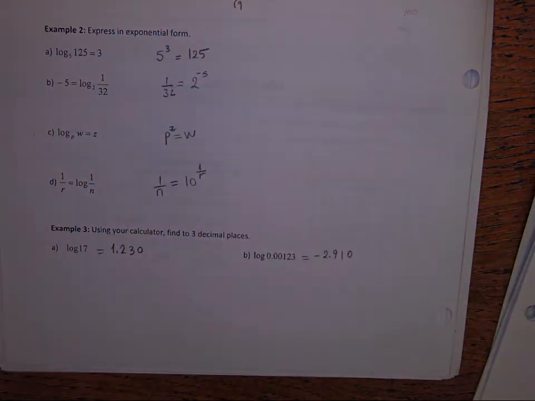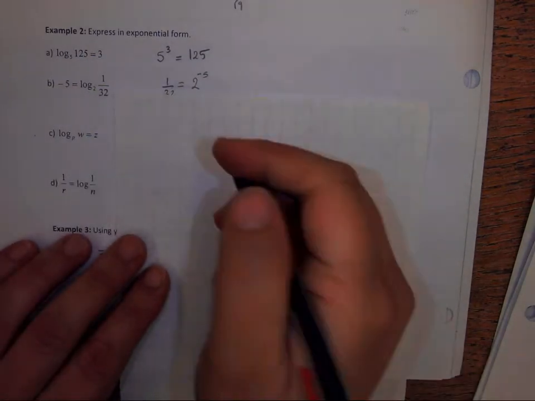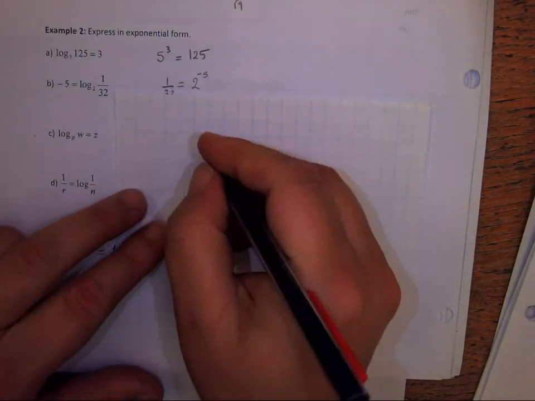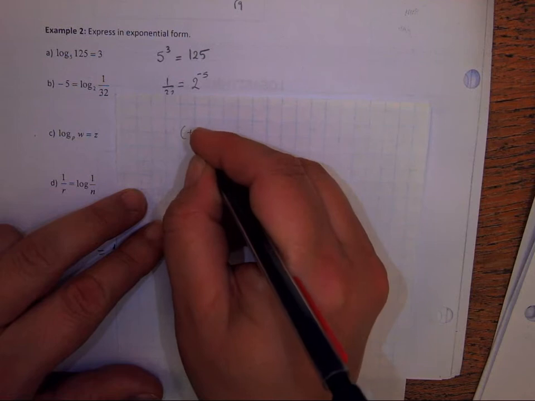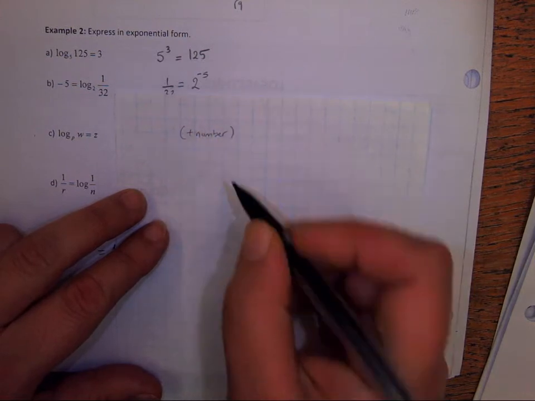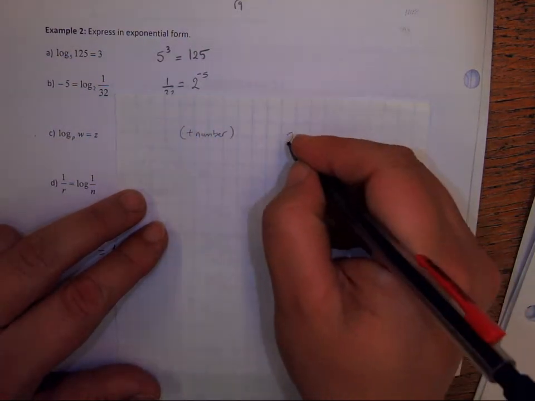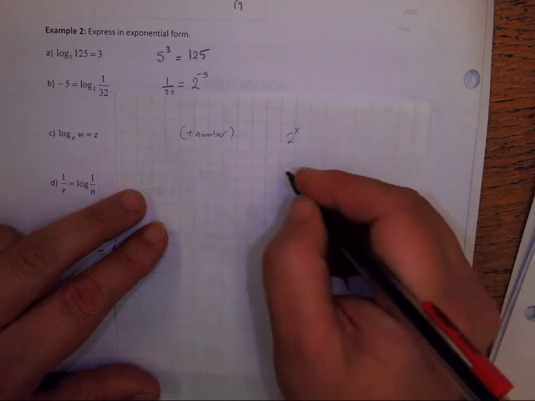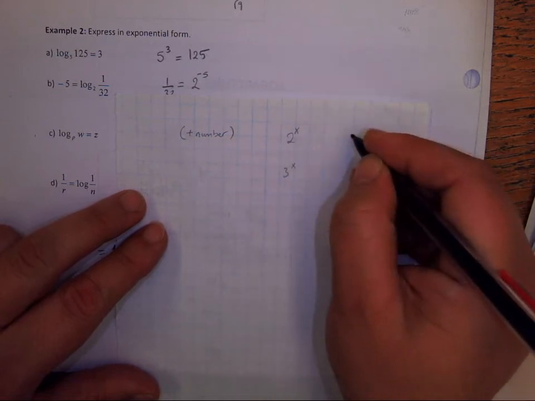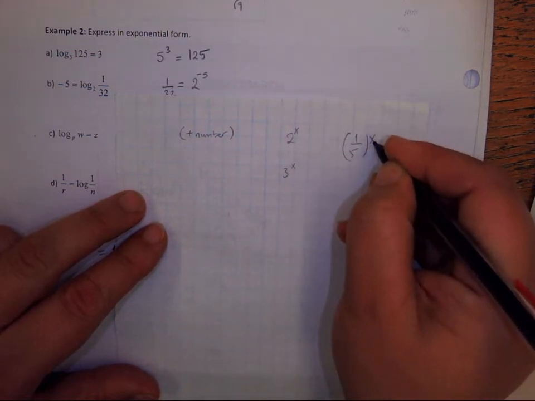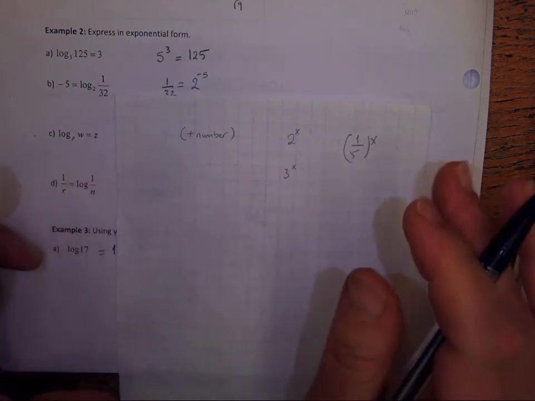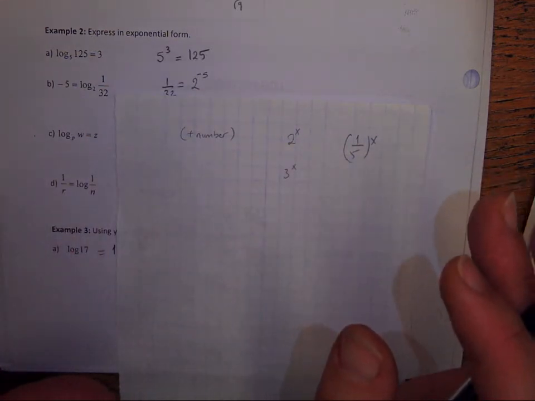First of all, logarithmic functions, so exponential functions, for the exponential functions, base is always a positive number. Okay? It is always positive. Let's say you have 2 to the power of x, or 3 to the power of x, or 1 over 5 to the power of x. But as you see, the base is always a positive number.